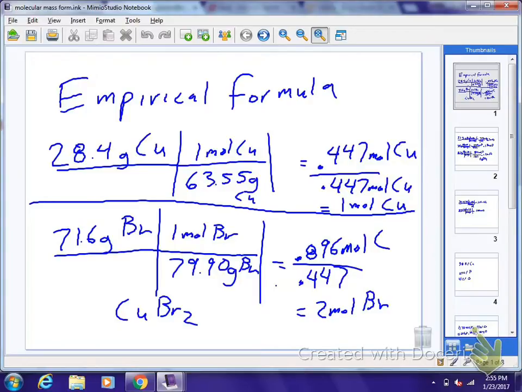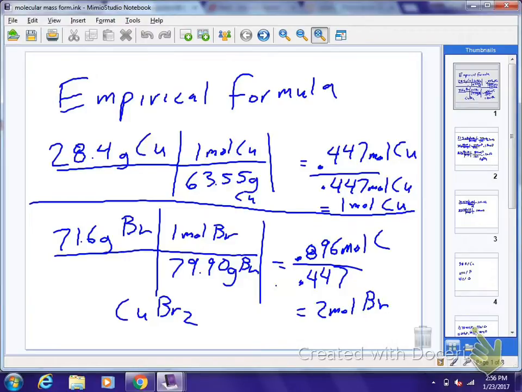An easy way to compare the moles, so it's whole numbers, we take the smallest number of moles and divide it into everything. Then we get numbers 1 and bigger. And hopefully they come out to be whole numbers, or really close to whole numbers. If they do, then that's our formula.